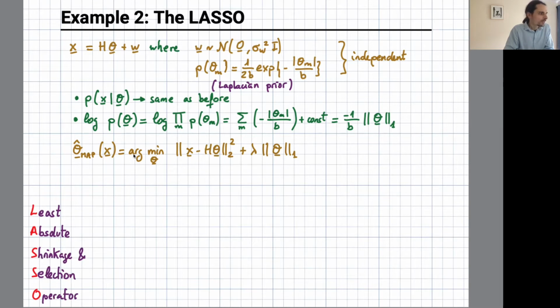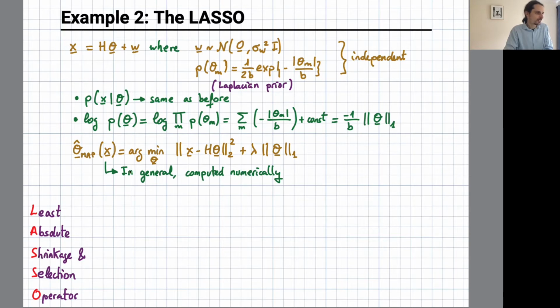This optimization problem has a name. It is known as the Lasso, which stands for least absolute shrinkage and selection operator. This got very popular some years ago.